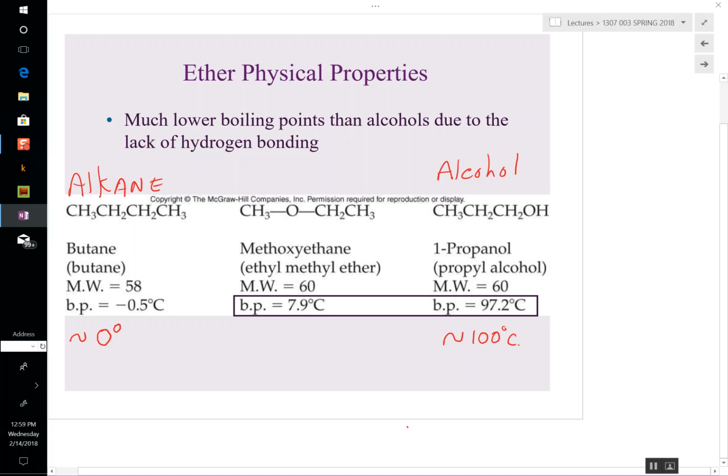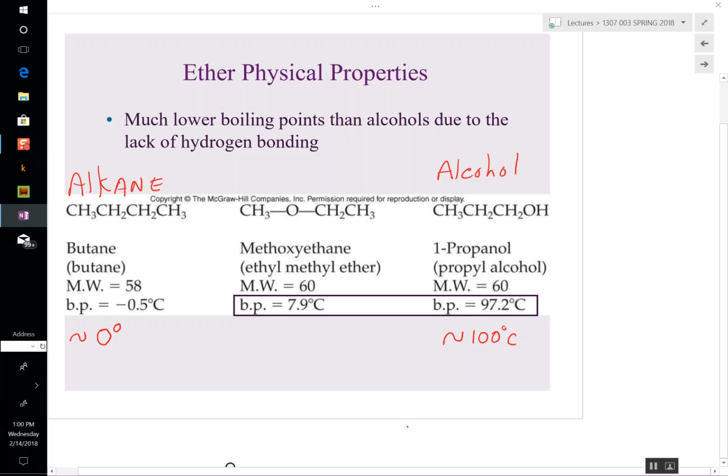So the exact number, don't get bogged down in the number. We want to look at the difference, the contrast between the boiling point of this 60 molecular weight alcohol and this 58 molecular weight alkane. Now, we just couldn't find an alkane that was exactly 60, okay? It's close enough. A 100-degree difference.